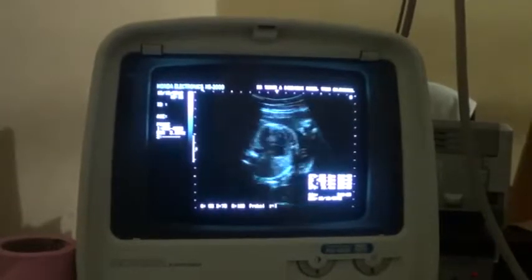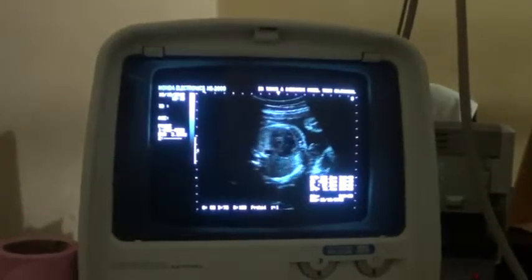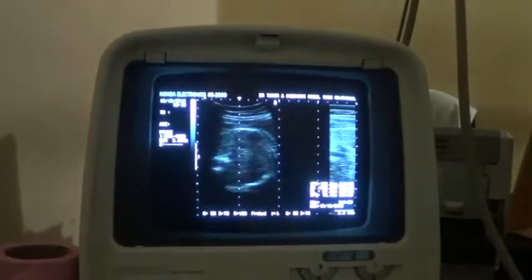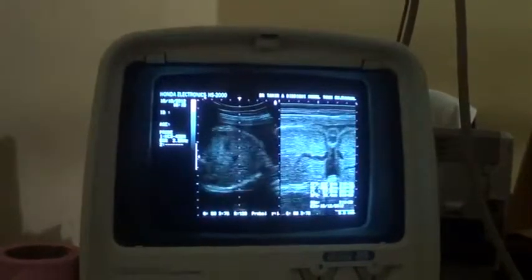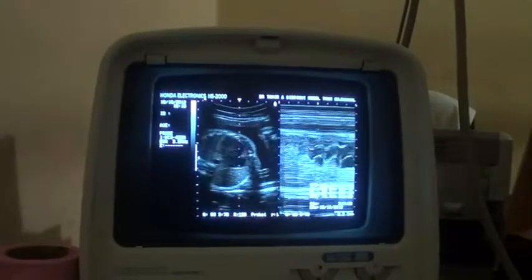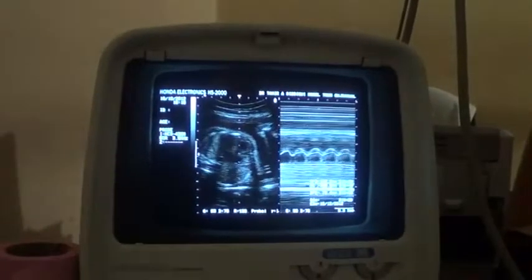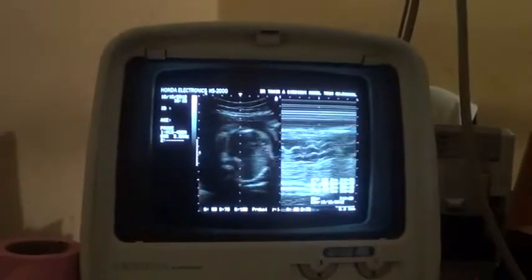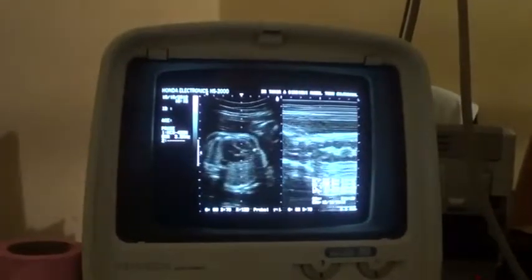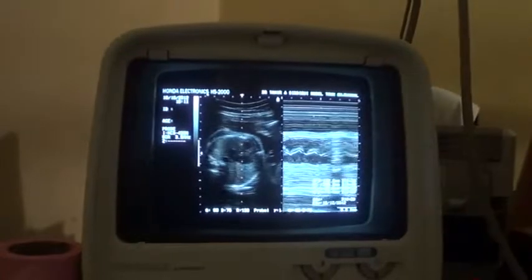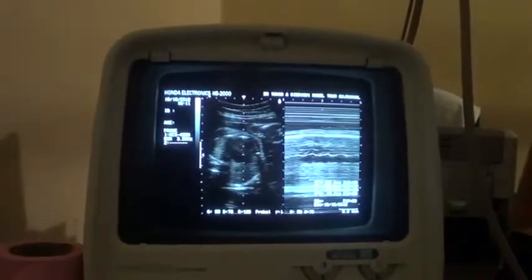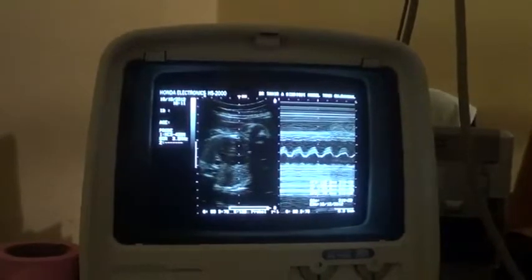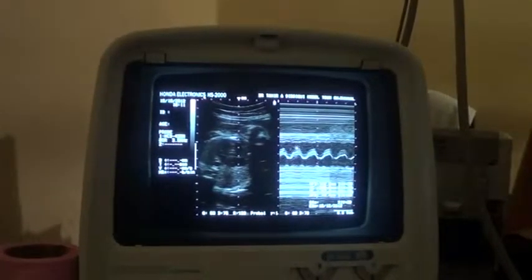The cardiac activity, four-chamber view. It becomes difficult to go along with the fetus when there is polyhydramnios with hyperactive fetus.